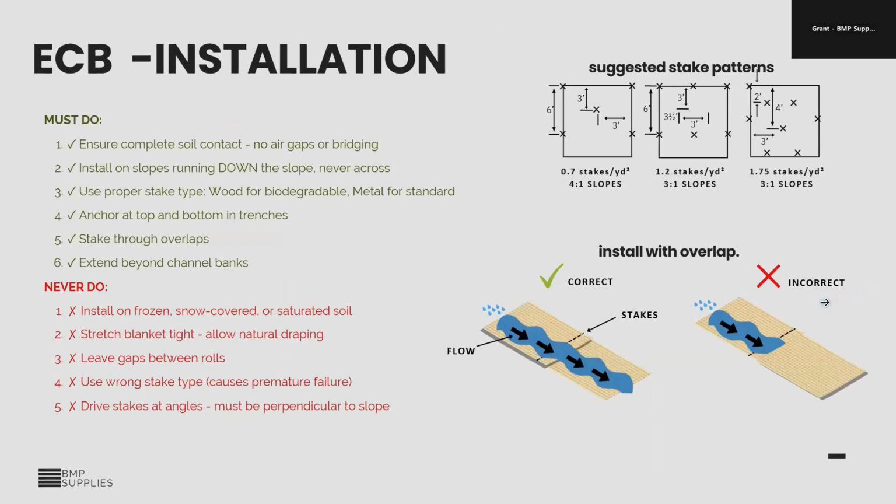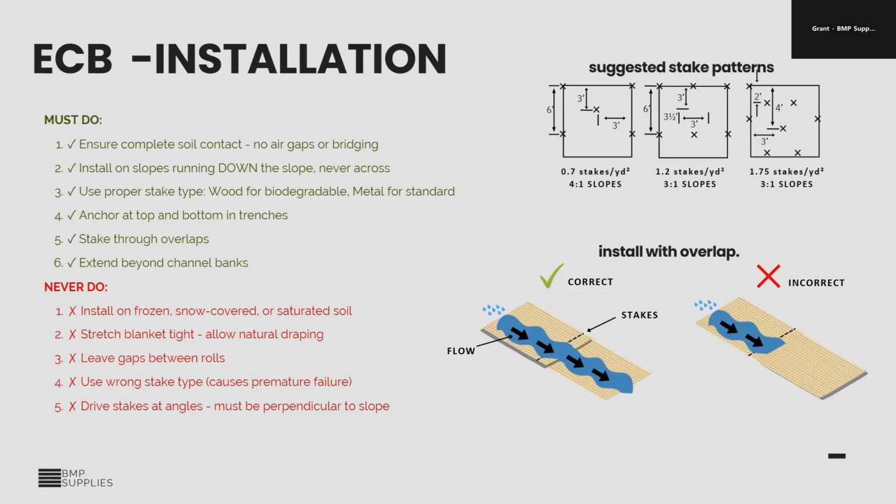Some installation tips. I'm not going to read all these out, but I like to think of installing blankets almost like installing shingles or shakes on your roof. You want to make sure that the water is always flowing over the top, and if you have any overlaps or cuts, that there's proper overlap from one part of the blanket to the next.